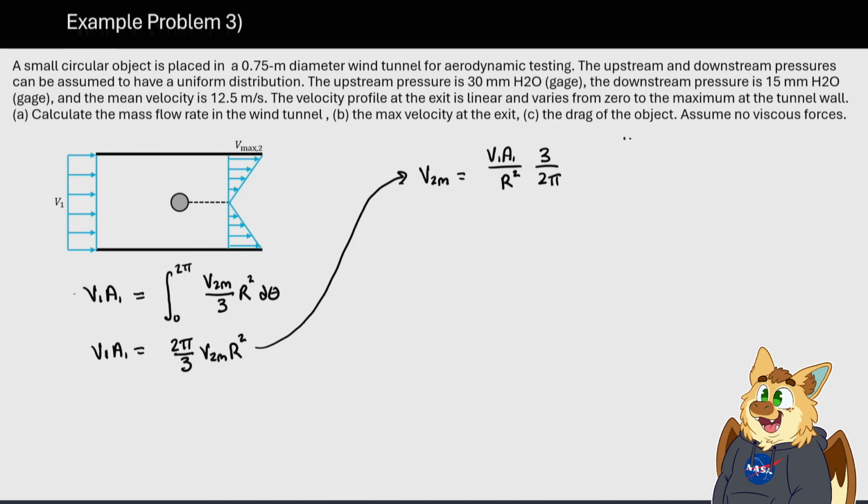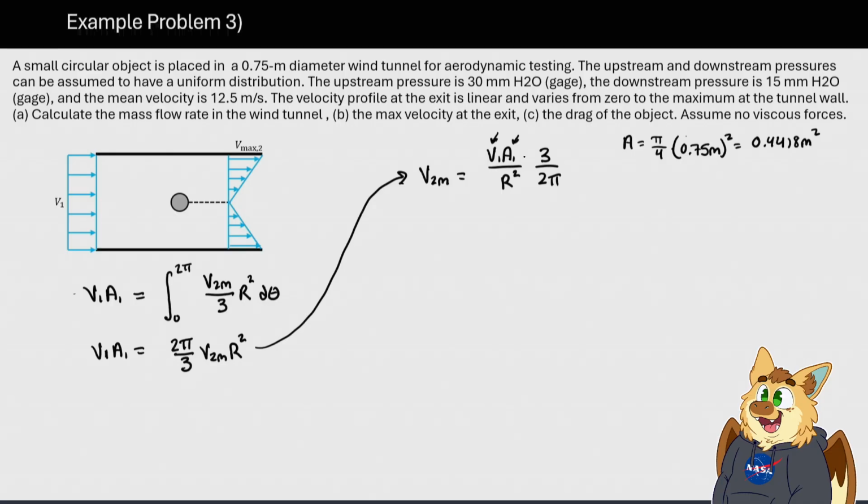So our area, and I keep writing a1, technically a1 equals a2. This is equal to pi over 4 times 0.75 meters squared, and that should be equal to 0.4418 meters squared.